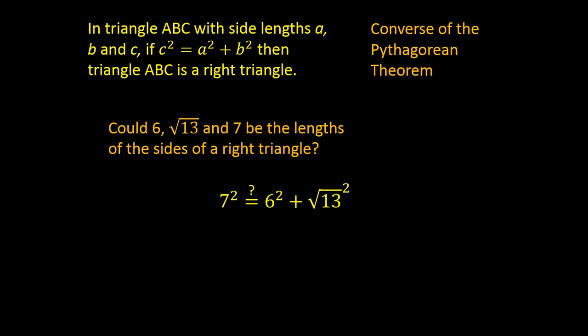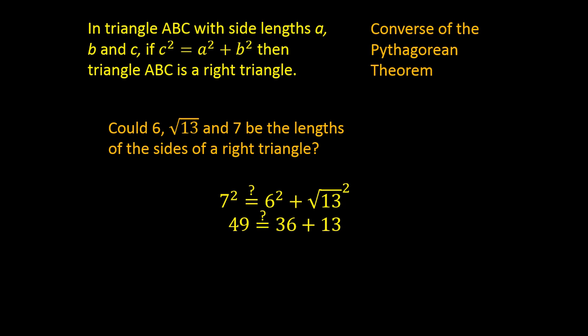Which means 7 is our hypotenuse, and that, remember, is always going to be our value for c in the Pythagorean theorem. So we want to know if 7 squared equals 6 squared plus the square root of 13 squared. And you notice the question mark above the equal sign. That means I don't know if they're equal. If the two sides of the equation are equal, then we've got a right triangle.